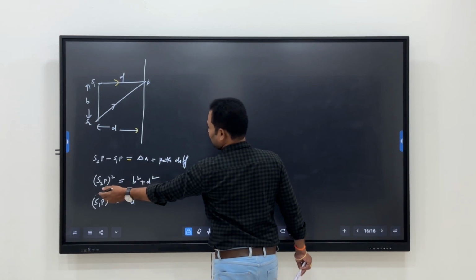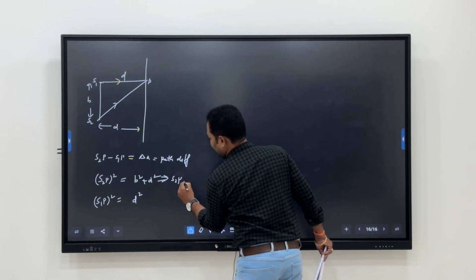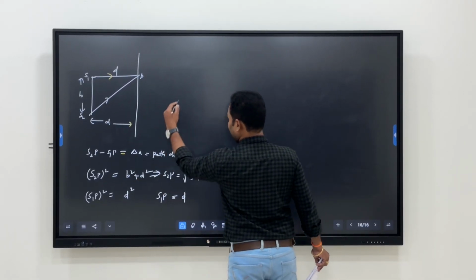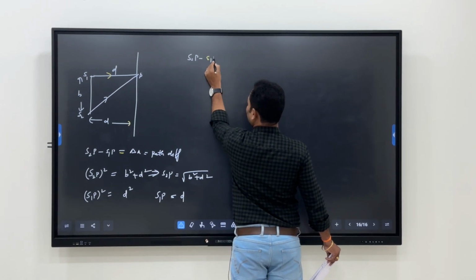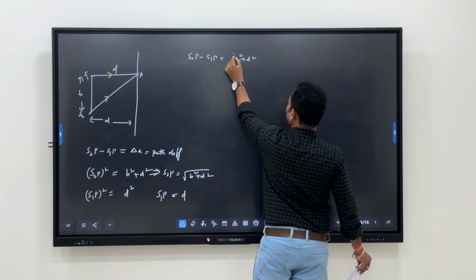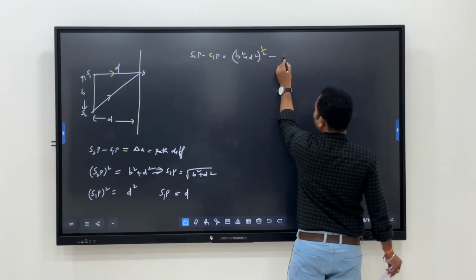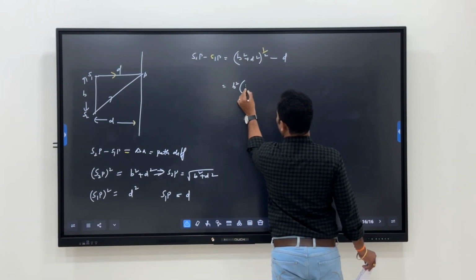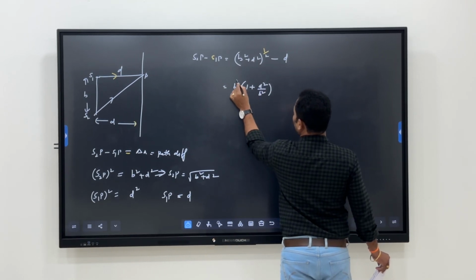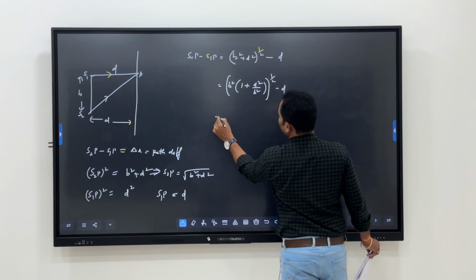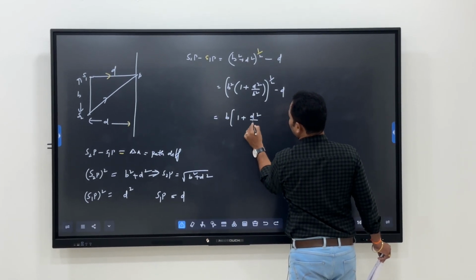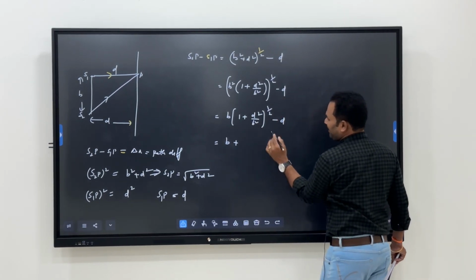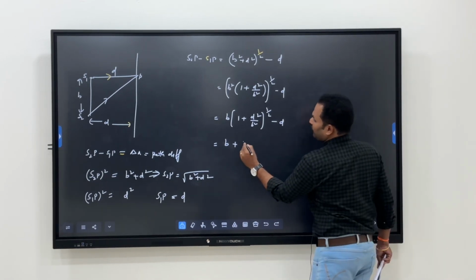Now S2P minus S1P. S2P is root over b square plus D square, and S1P is D. So S2P minus S1P is (b square plus D square) whole to the power of 1 by 2 minus D. Here we take b square common: b times (1 plus D square by b square) whole to the power of 1 by 2 minus D. According to the binomial approximation, (1 plus x) to the power n is approximately 1 plus nx.